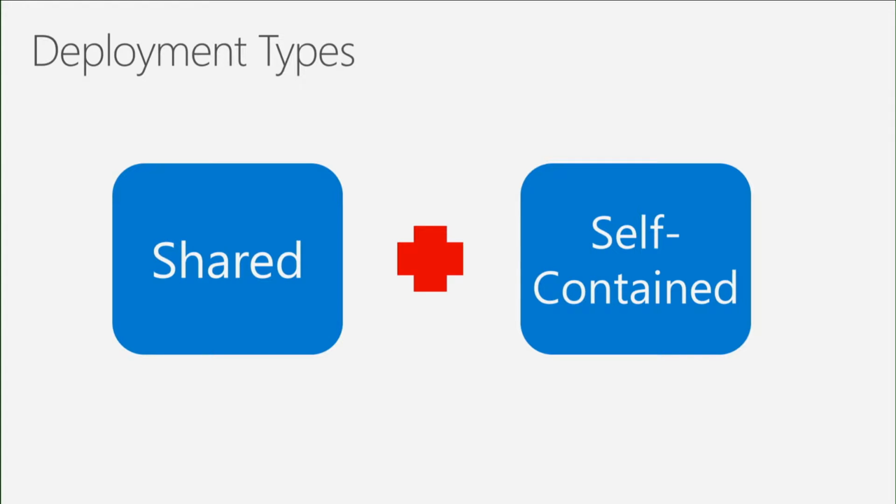This model is really good for a few different scenarios. One, it's great for development time. The idea here is you want to be moving as few DLLs to your bin folder as possible. If they just stay in the shared location, that's the best option. The other case is for server hosting density.